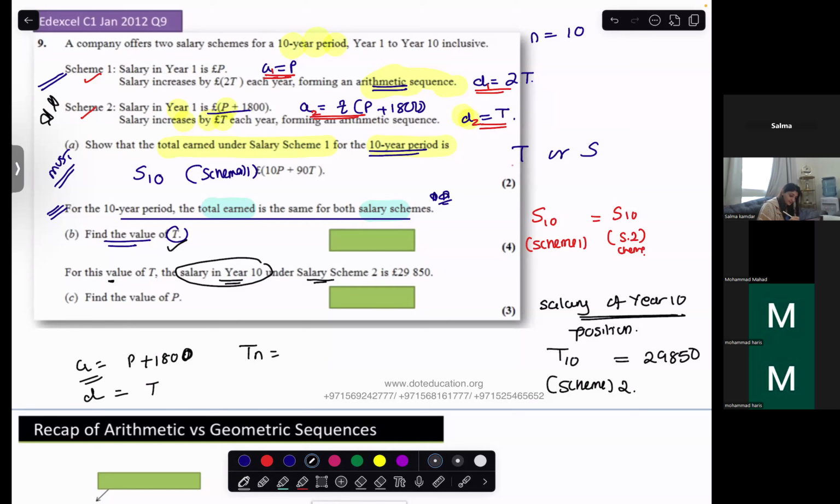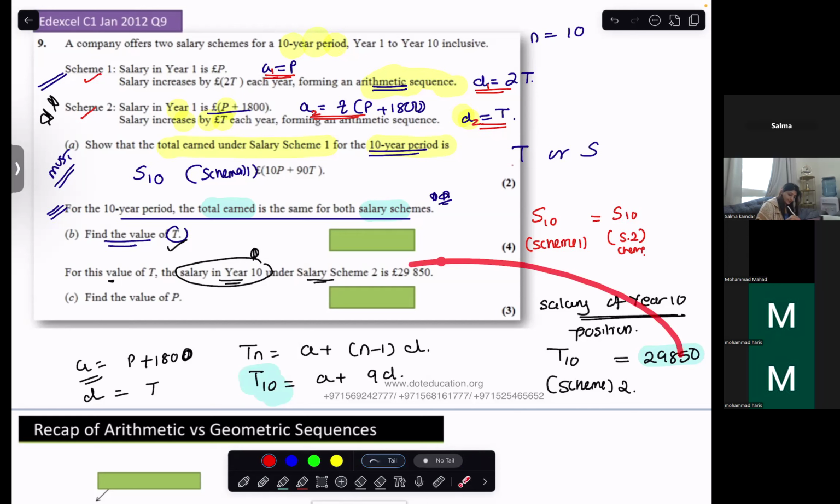A plus N minus 1 D. What is my N? My N is 10. Very good. So would I substitute 29,850 over here? Over where? I've highlighted with blue.